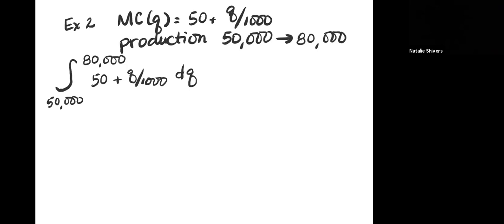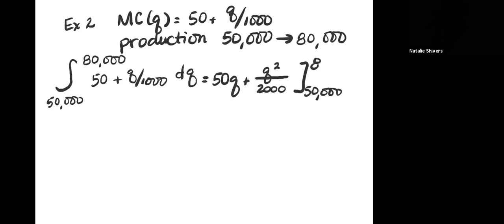Okay, so now I'm going to integrate. So I add the Q as a multiplier with 50 plus I'm going to square Q, and then I need to multiply it times the bottom, and I get 2,000, from 50,000 to 80,000.